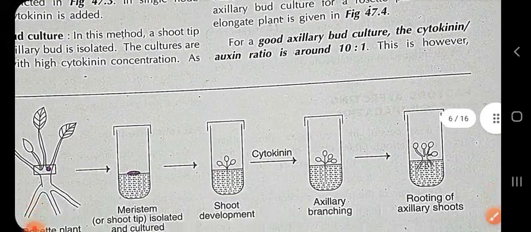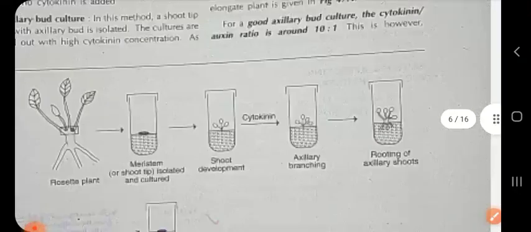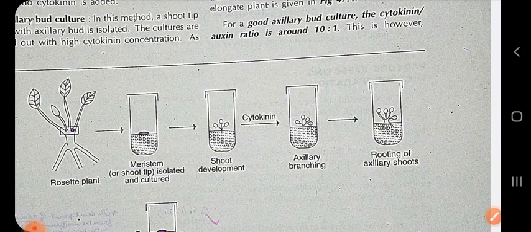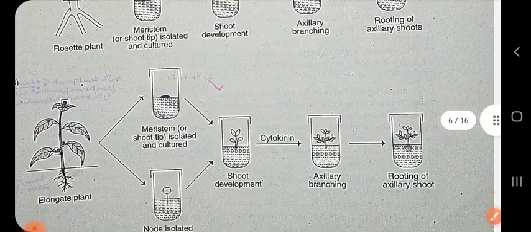A schematic presentation has been shown of how axillary buds are used here for the growth of the plant. So these are rosette plants where we are taking only the axillary bud. In culture, shoot development occurs, root development occurs, and finally we plant them in soil.